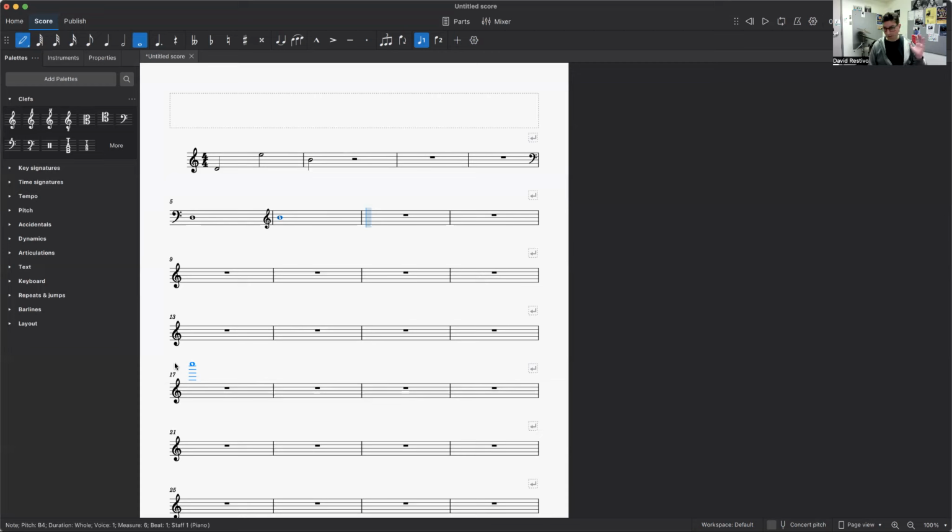Now, I realize that this concept is potentially where things could get a little bit hairy, but here's the thing that I want you to notice. Notice that the position of the D in the bass clef staff is the same as the position of the B in the treble clef staff, right?